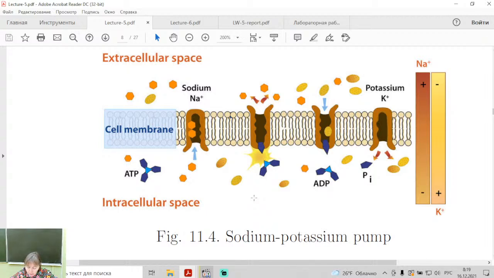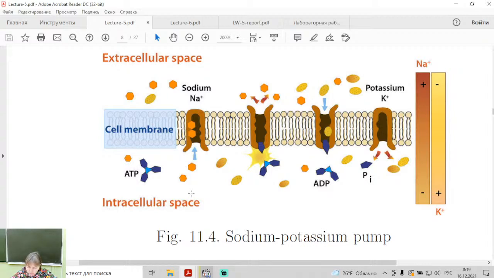Sodium and potassium ions are transported across the membrane by a complex integral protein carrier that hydrolyzes ATP, whose energy activates the sodium and potassium pumps.